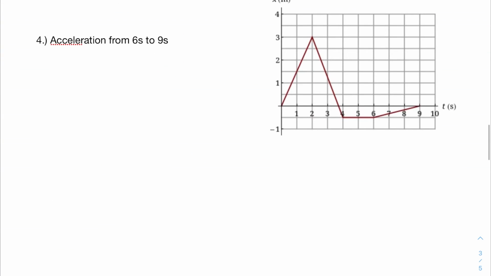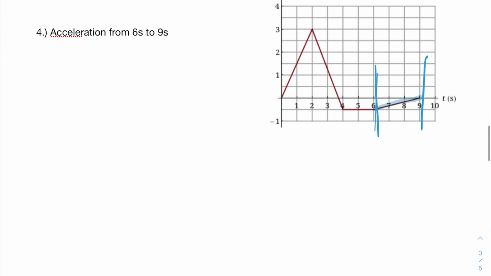And the last problem, we're going to be focusing on the acceleration between 6 seconds and 9 seconds, which is here. Alright, so again, change in velocity over change in time. Here the change in velocity is 0 meters minus negative 0.5 meters over 9 seconds minus 6 seconds.